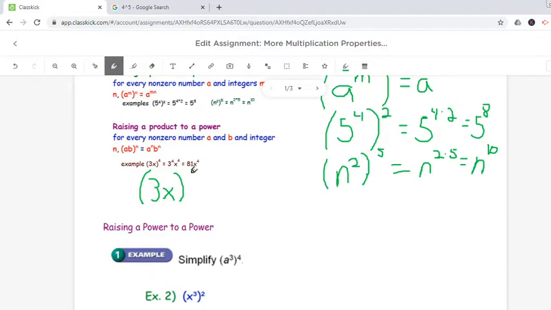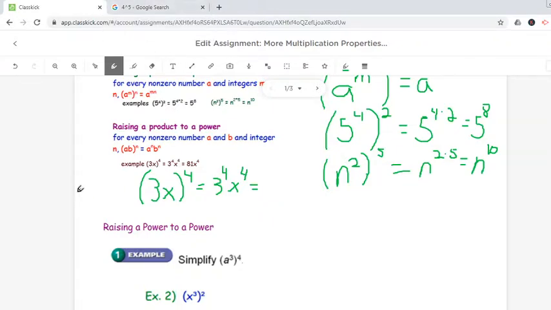And that's to a power, so to the power of 4. And so we will go 3 to the 4th, and then x, so we have x to the 4th.